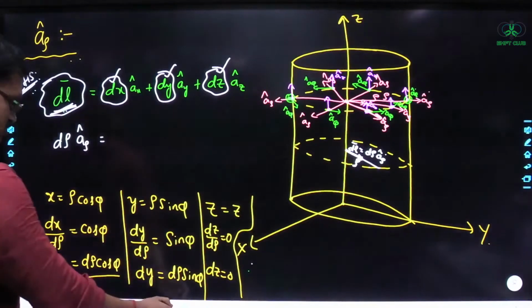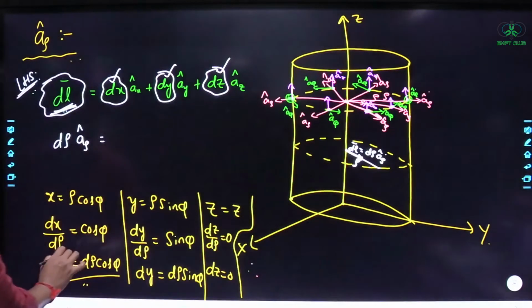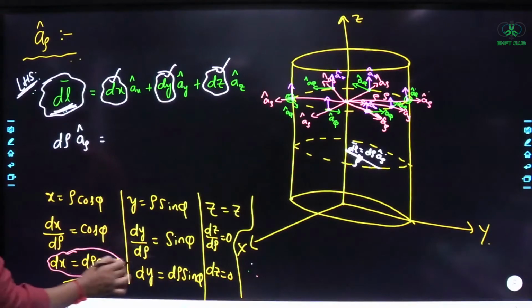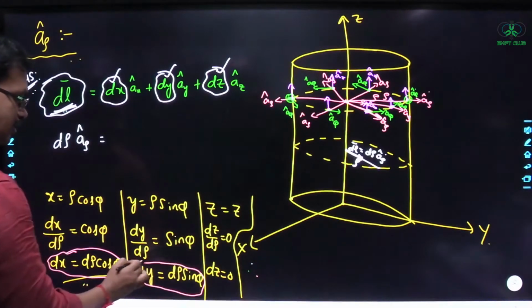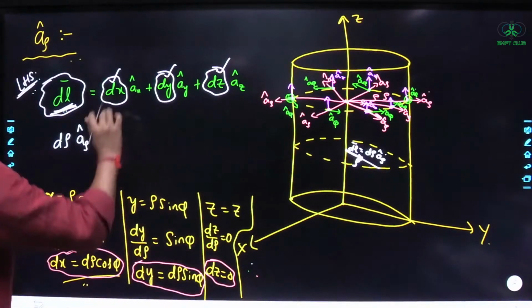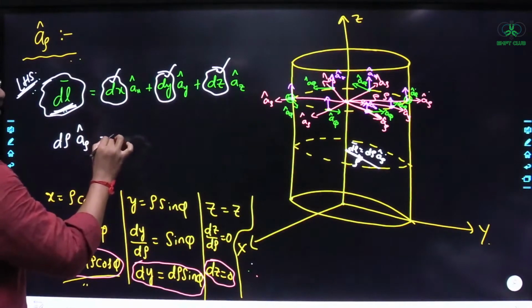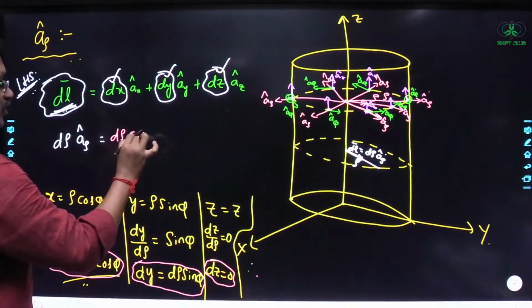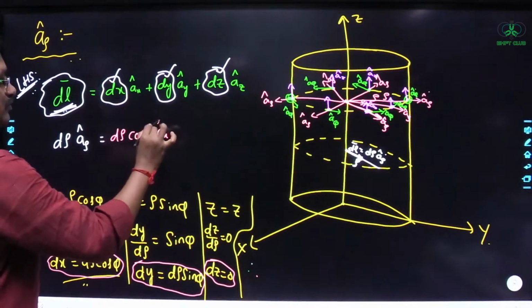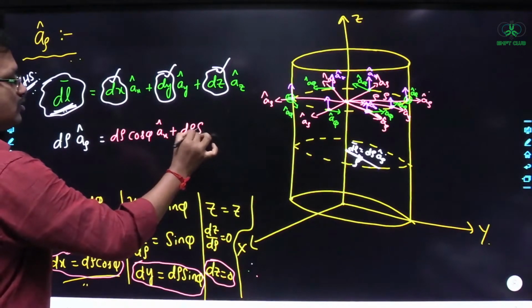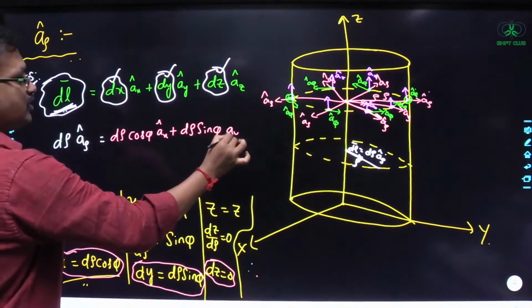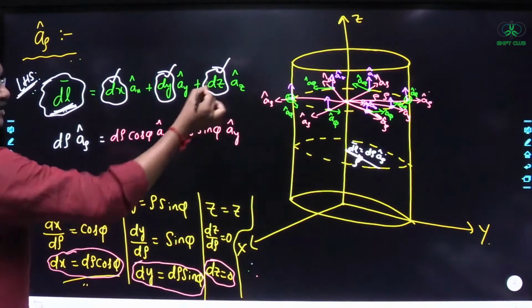Understood? Now just substitute this dx value, dy value and dz value in this expression. Then you are going to get d rho cos phi ax cap plus d rho sin phi ay cap. dz will be 0.